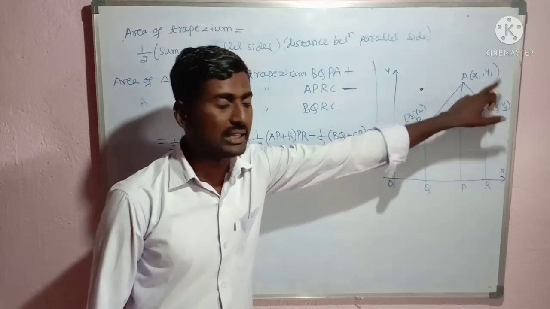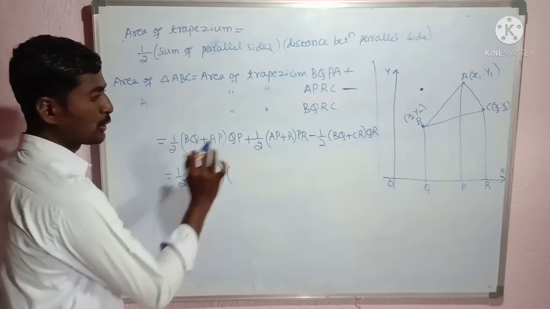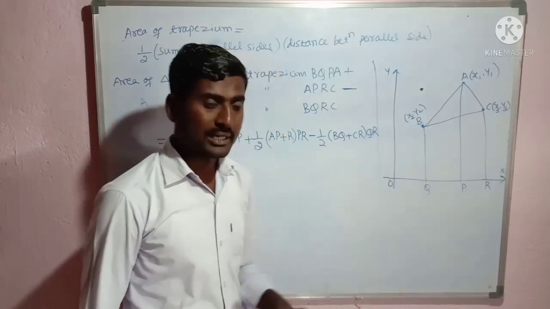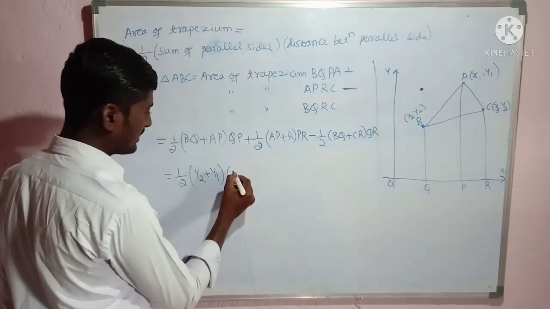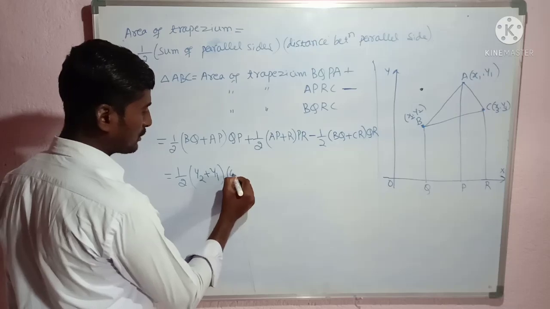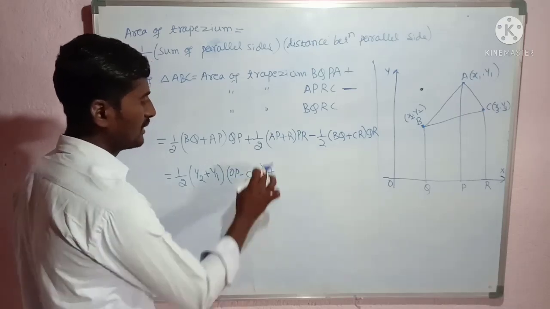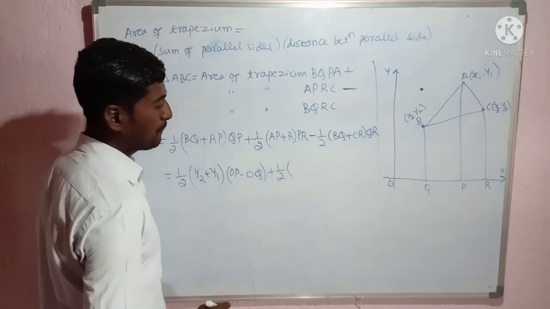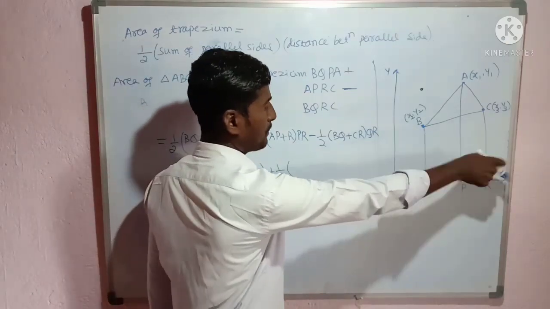Y coordinate is what here? Y1. Y2 plus Y1 into QP. So now I have to write QP. This QP can be written as OP minus OQ. So this I can write as OP minus OQ plus 1 by 2 into AP plus RC, I think. AP plus RC it is.